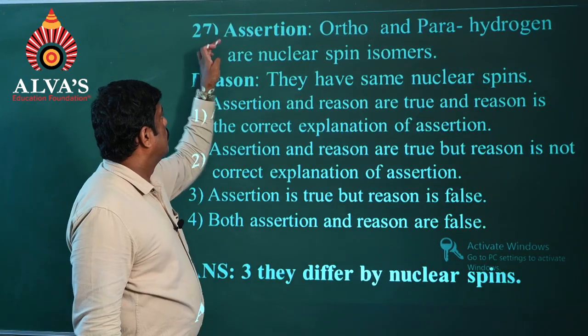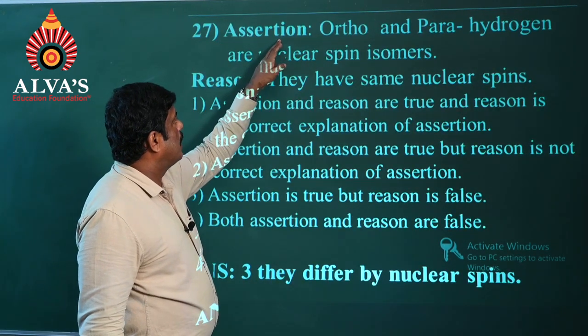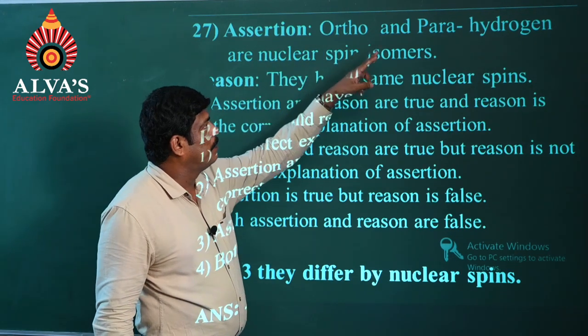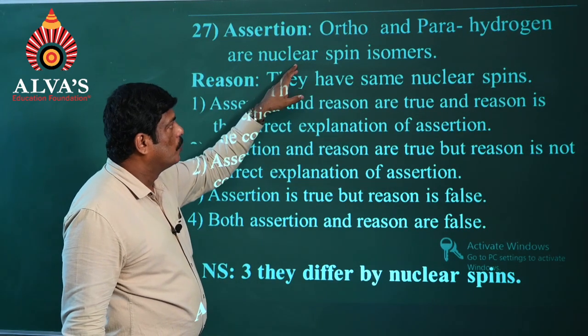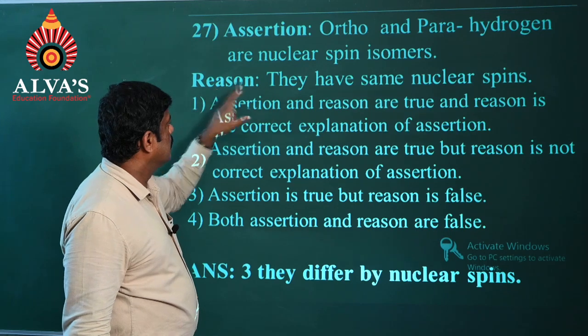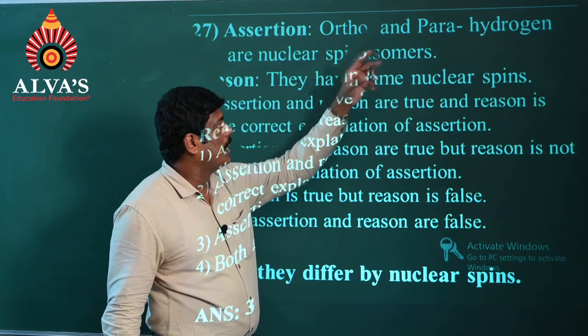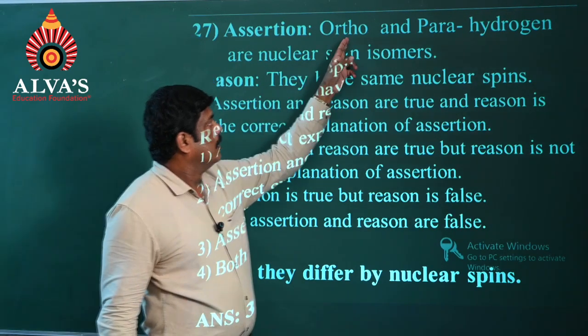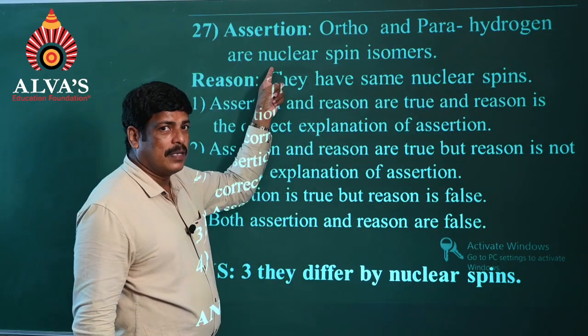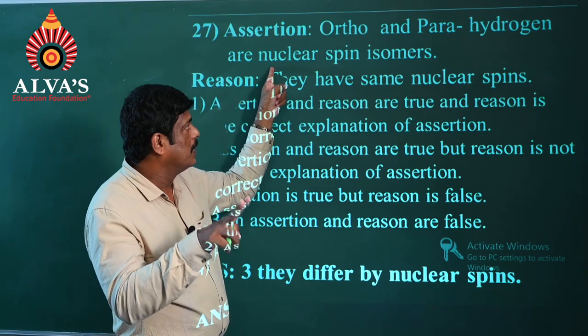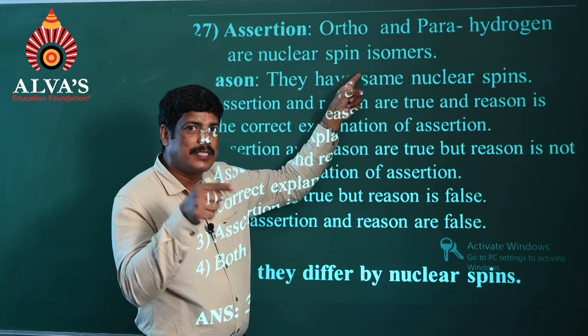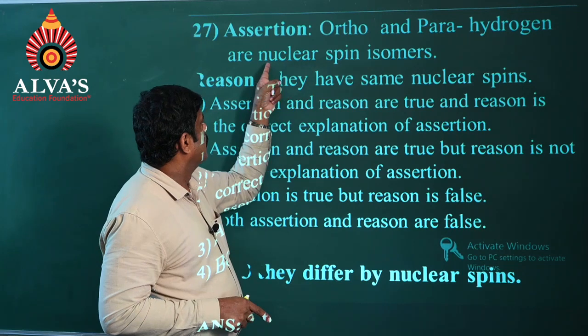Question number 27. The assertion: ortho and para hydrogen are nuclear spin isomers. Reason: they have the same nuclear spins. First, let us look at what ortho and para hydrogen mean. They differ in the spinning of protons present in the nucleus, meaning nuclear spin.